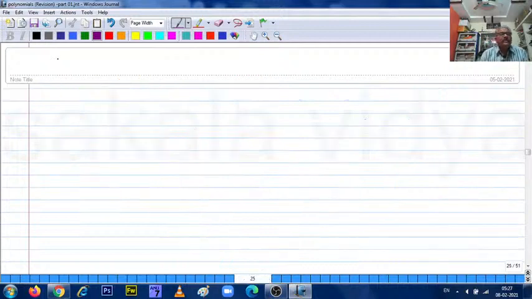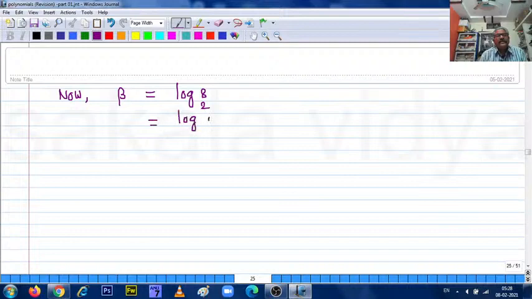Next, now this is the turn to find out beta value. How could you find beta value? Beta value is given in terms of logarithm, that is log 8 to the base 2. So now 8 we need to write. 8 is very simple: 2 into 2 is 4, 4 into 2 is 8, so 2 cube to the base 2.